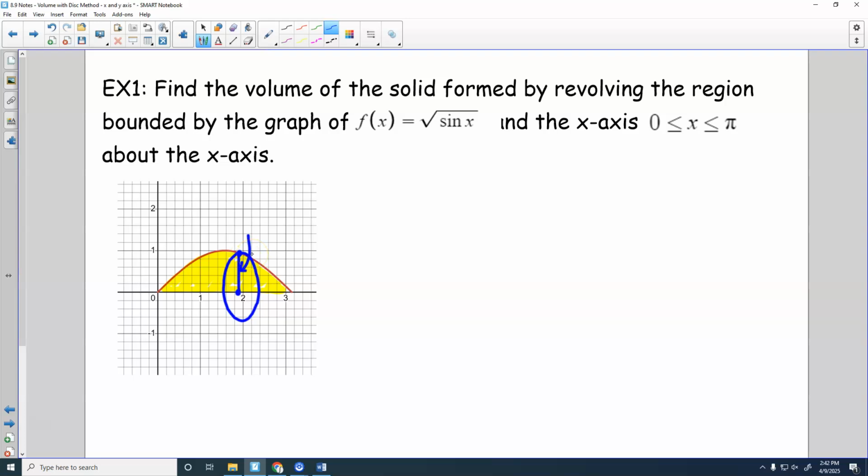What we've been calling S, whenever you're doing a volume of revolution, is going to be your radius, because this point gets spun all the way around. From the axis that you're spinning around to the outside is just going to be your radius. So I'm going to call it capital R of x right here.